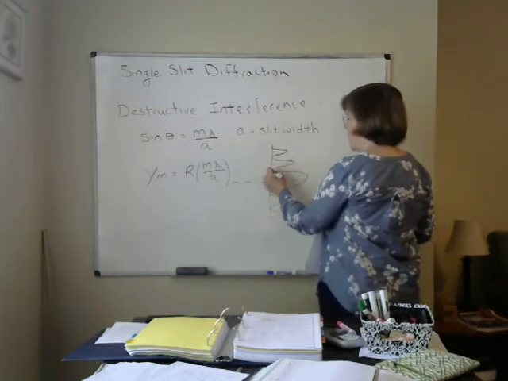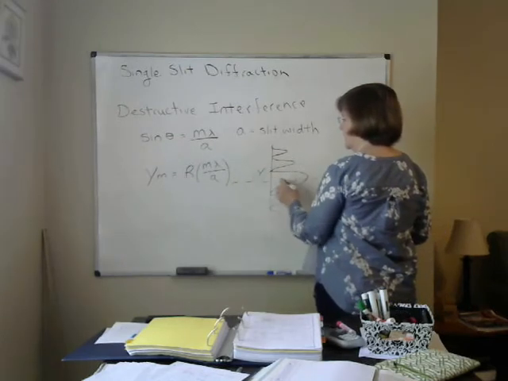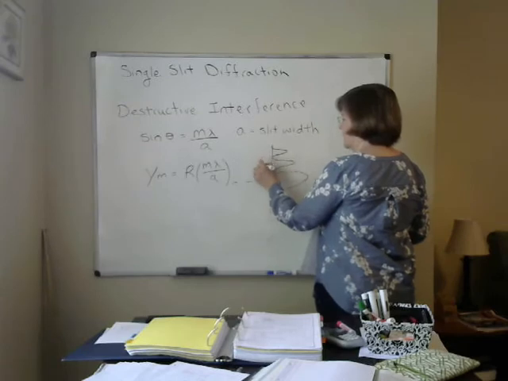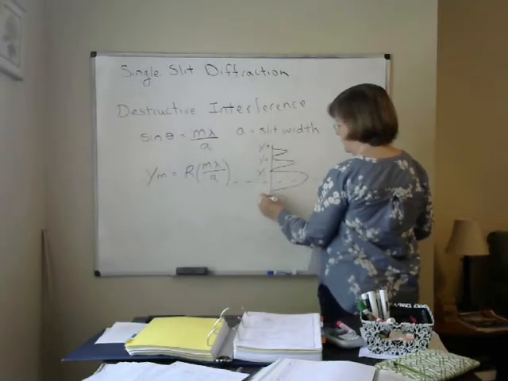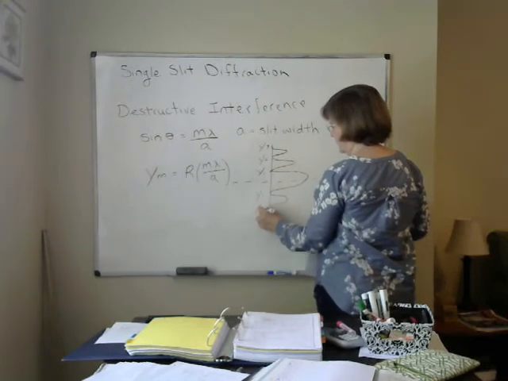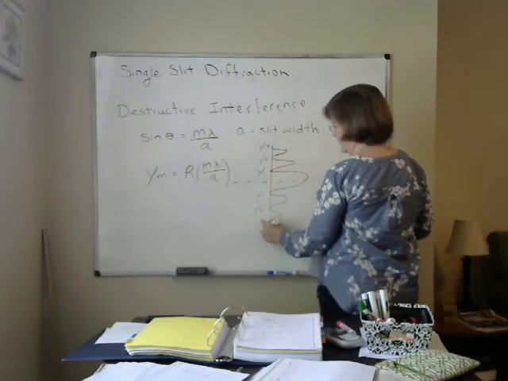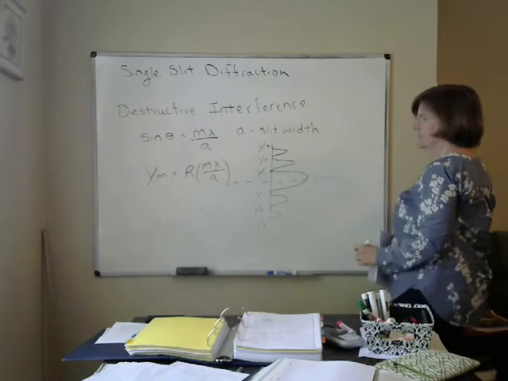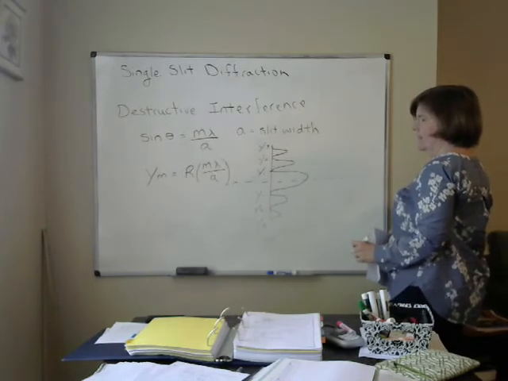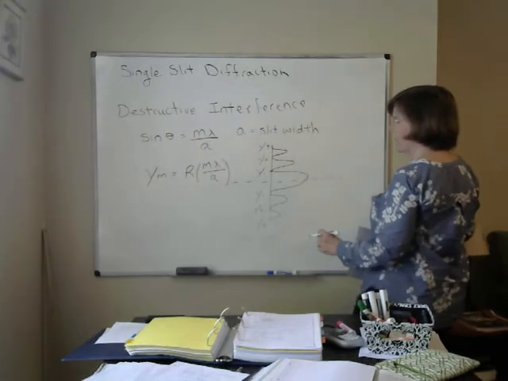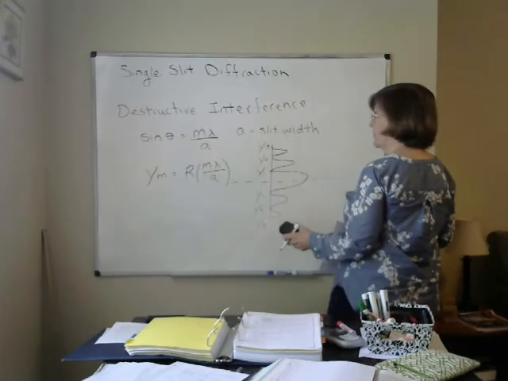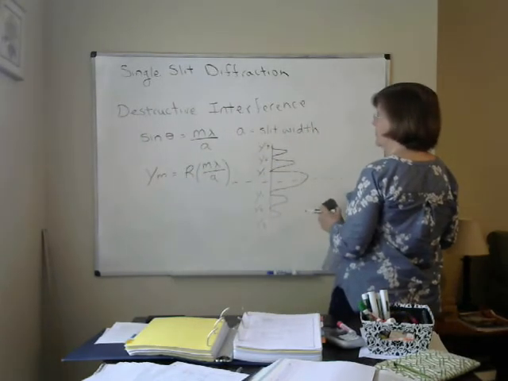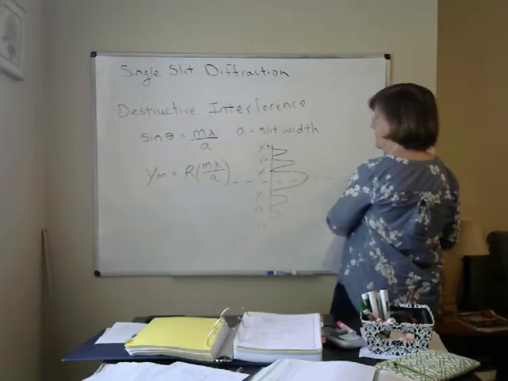So this is Y1, and this is Y2. So that formula is telling us where those dark fringes are. The other way you can approach it is to look for the angular dispersion too. So we'll work a problem or two.